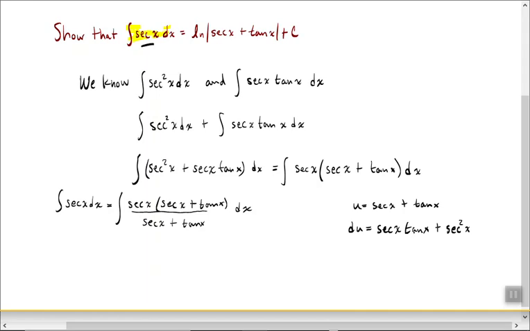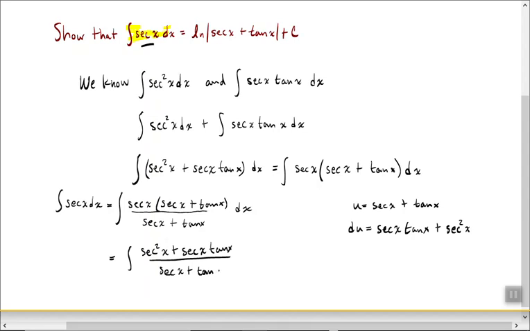Okay, so when I distribute the secant through the numerator, that gives me secant squared x plus secant x tangent x, which is really good news for those of you who are very comfortable with u substitution.